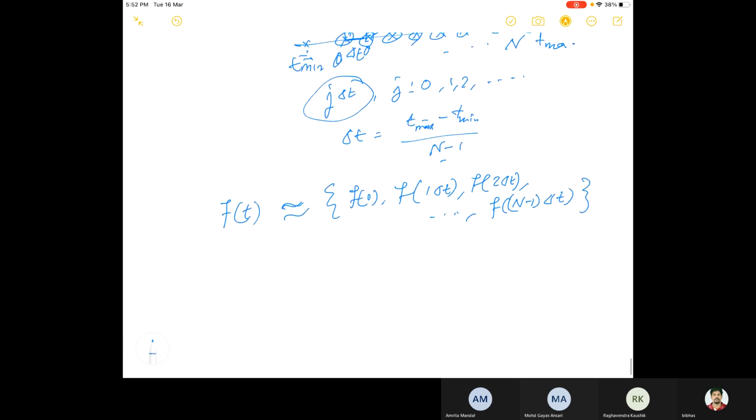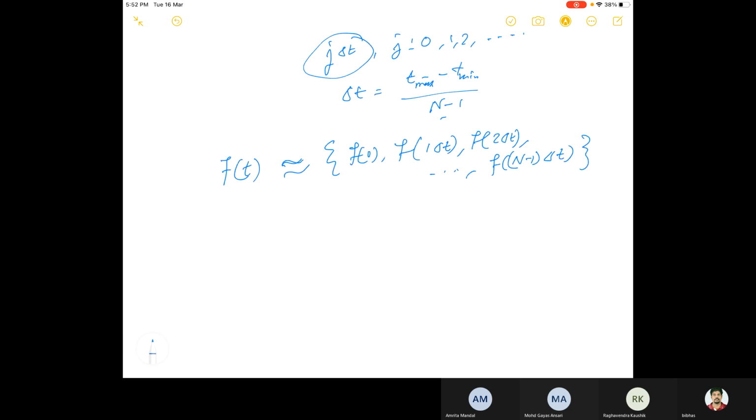I think it is not done here; it is in the transform calculus course. This criterion is called the Nyquist criterion.